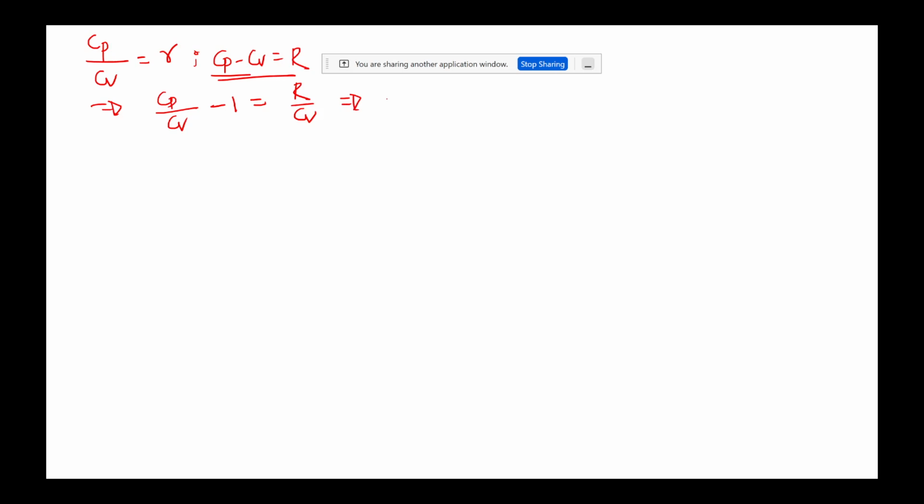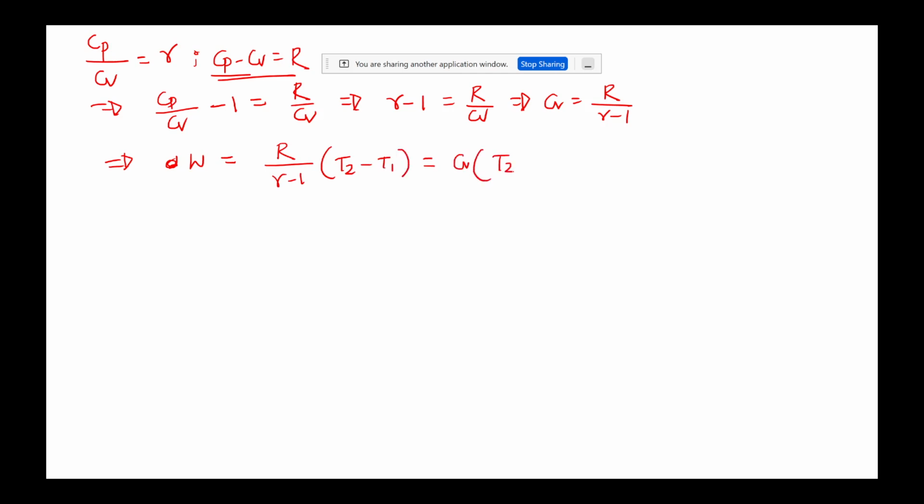Then we get gamma minus 1 is equal to R by Cv, and we can write Cv is equal to R by gamma minus 1. Then the expression of W or dW becomes R by gamma minus 1 times T2 minus T1, which is equal to Cv times T2 minus T1. So both these expressions are right.